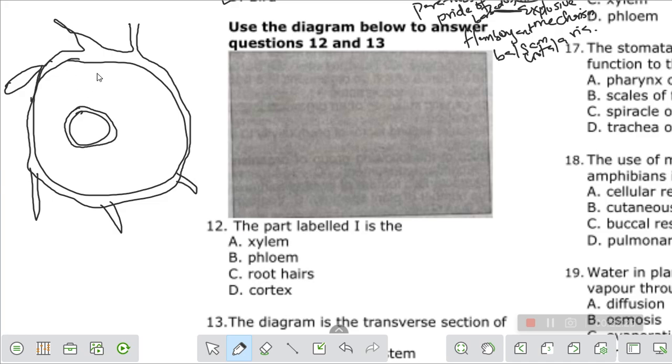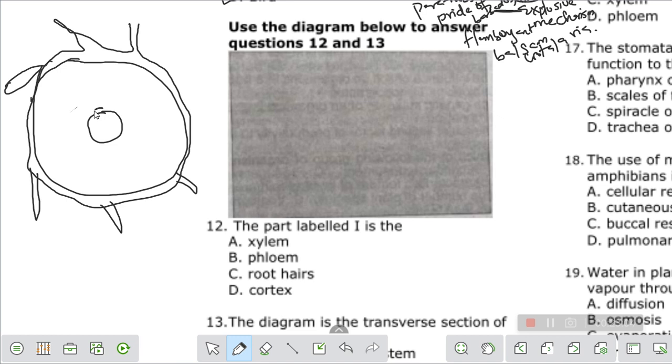So this is what we are seeing. Let's try to rub this. So here we have something like this, something like this, something like this.